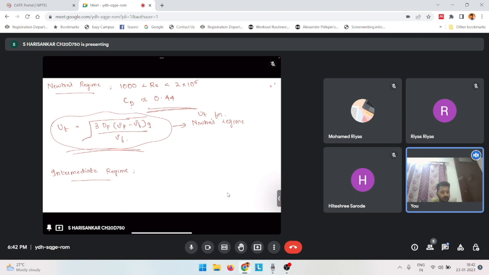So here you can approximate CD as 24 by Re plus 0.44. Based on your requirements, you can substitute the value of CD from whichever range you want in the general equation, and you can find the equation for that corresponding regime.